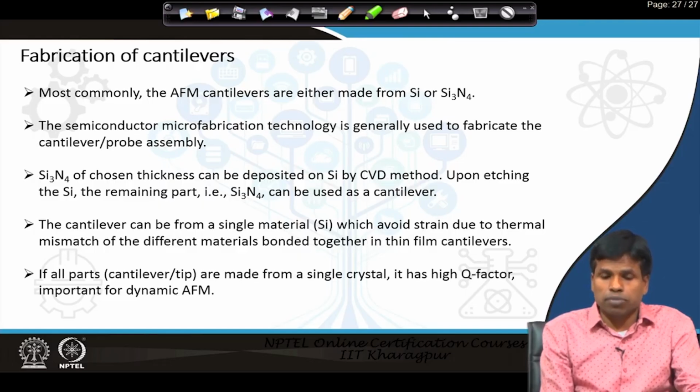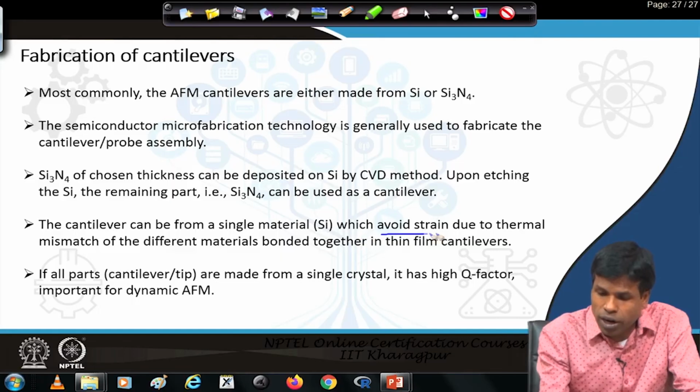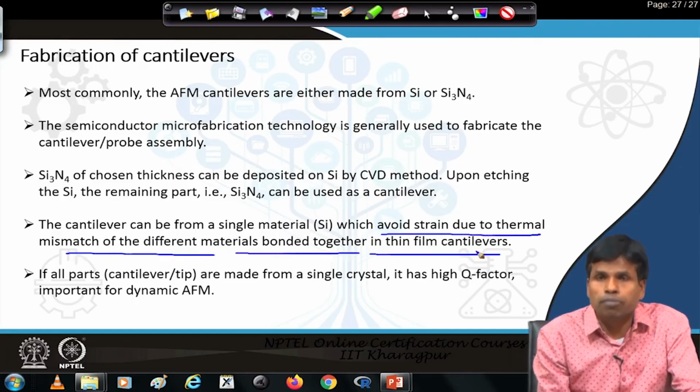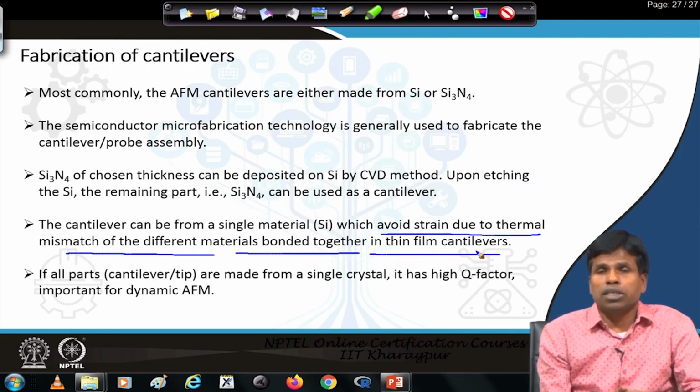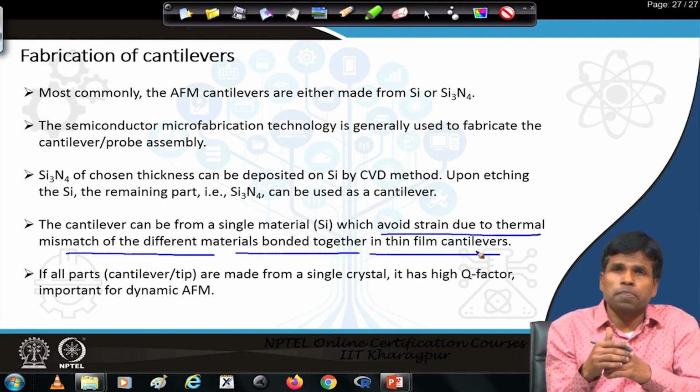The cantilever can be made from a single material, Si, and that would avoid the strain due to thermal mismatch of different materials bonded together in the thin film cantilever. As I told, the Si3N4 is deposited on silicon substrates by CVD method, and it is done at a higher temperature.